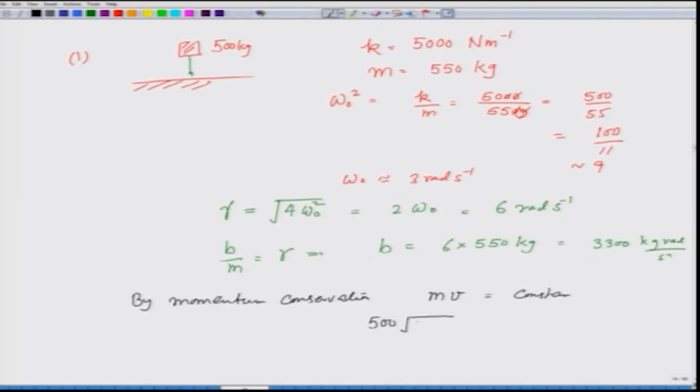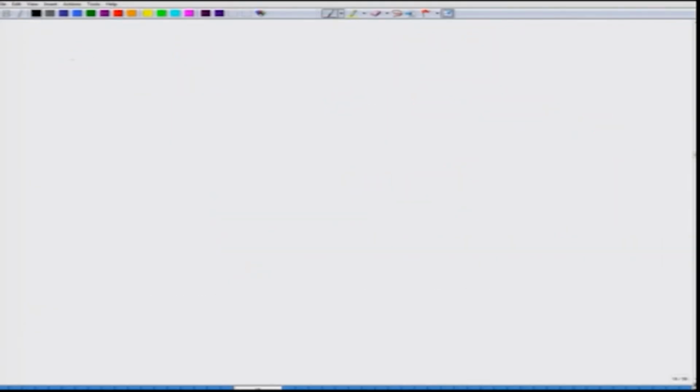So, 2gh gives me 20, which is equal to, now the mass is going to become 550 v. So, v becomes 10 over 11 square root of 20 meters per second. So, let me look at this system again. Here is the platform and I am just showing two springs.